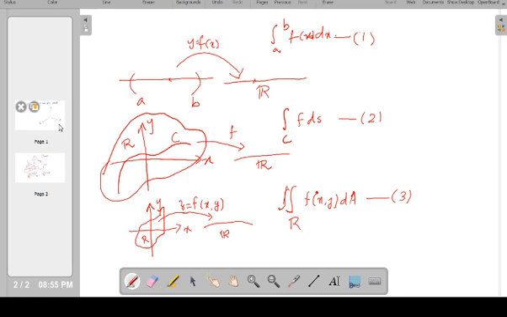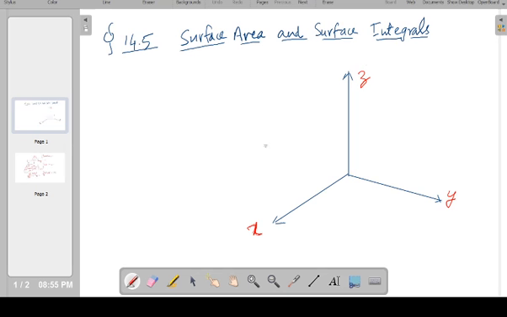Instead of a curve like this, in the second case, suppose I have a surface in xyz space. This is my surface, given by F of x comma y comma z equal to constant.